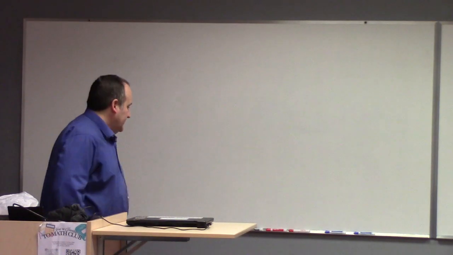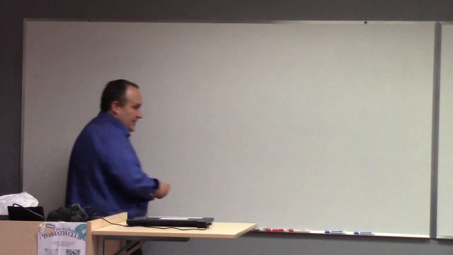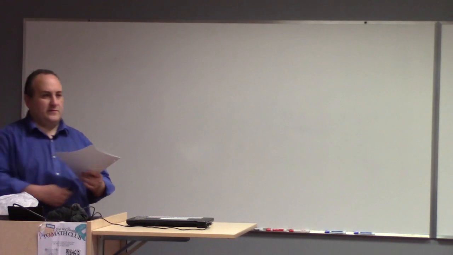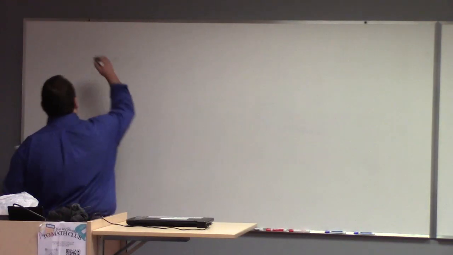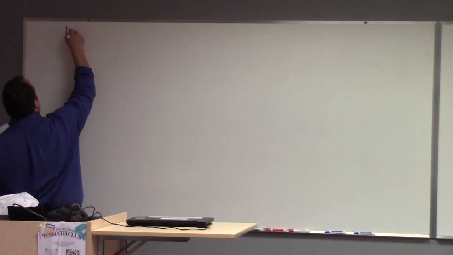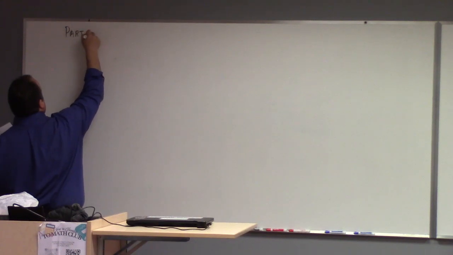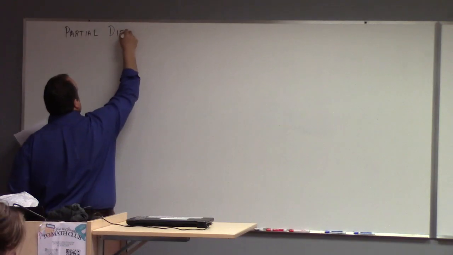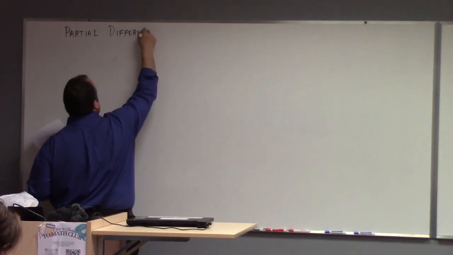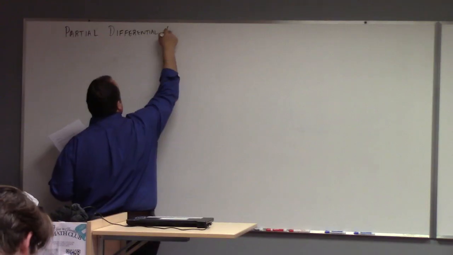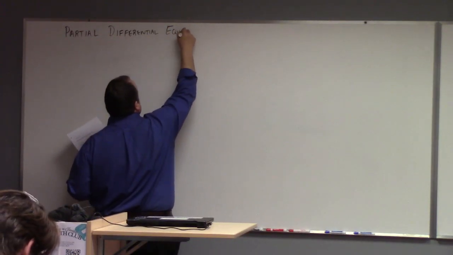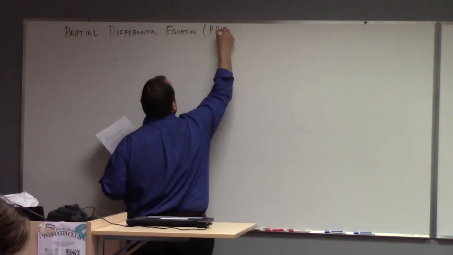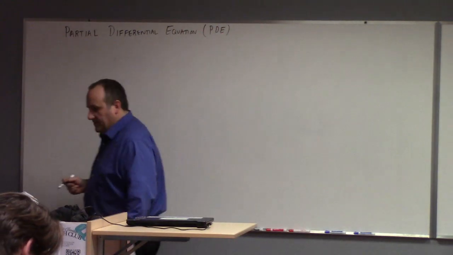Okay, so today I want to talk to you guys about partial differential equations and how we solve those. A partial differential equation is an equation which involves more than one independent variable.